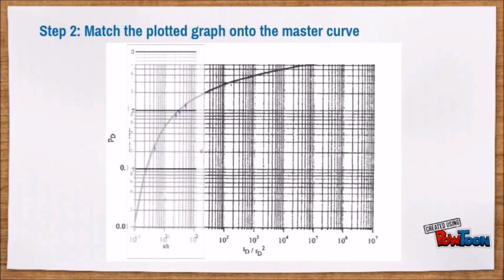Then for the second step, using the graph plotted from the previous step, I match it against the master curve, and then we pick a match point, and from the match point we obtain the 4 values which are explained earlier, which are the PD, td, delta p, t, and td over r squared d. Those 4 values are obtained from the match point.